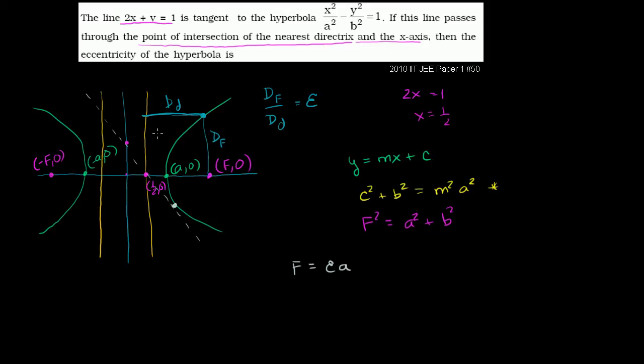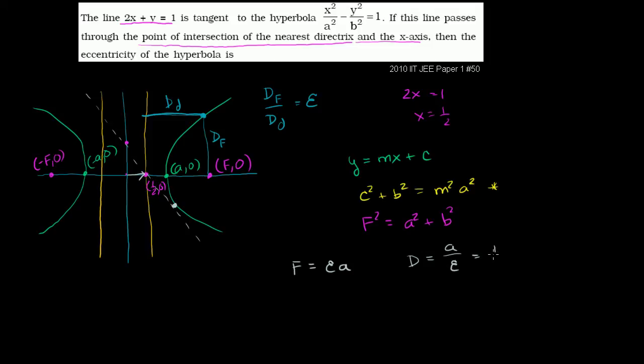And also the directrix. In this situation, the directrix we already know is at x is equal to 1/2, but I'll just write the formula here. The directrix distance, so the distance from here to the directrix, is equal to a divided by the eccentricity. And we already know from the first part of this problem that this is at the point x is equal to 1/2.